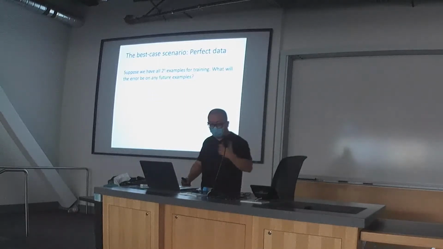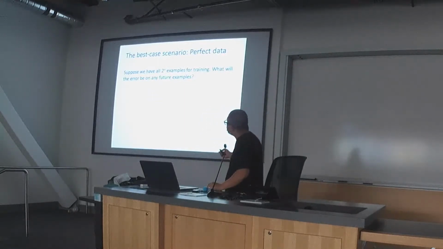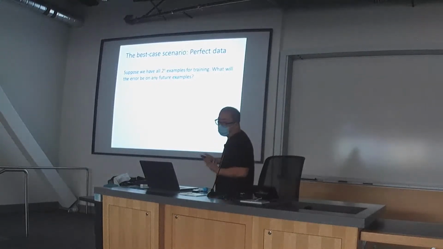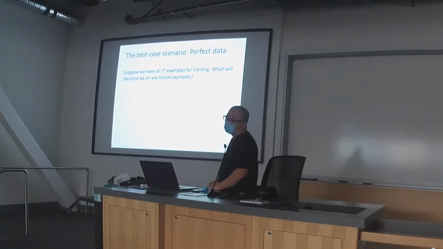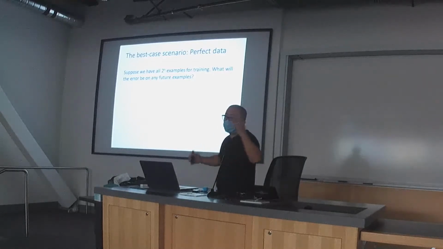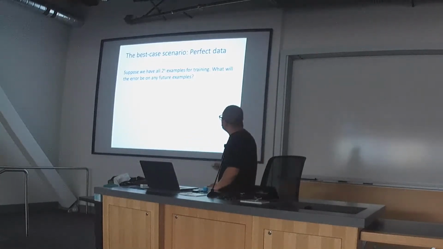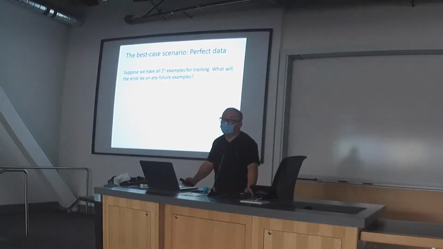So now let's imagine we move to the more general case. You have n binary features, right? And you have 2 to the power of n examples for training. That means your training set includes all the instances in the instance space. You have the labels, right? And what will be the error on future examples? Zero, right?